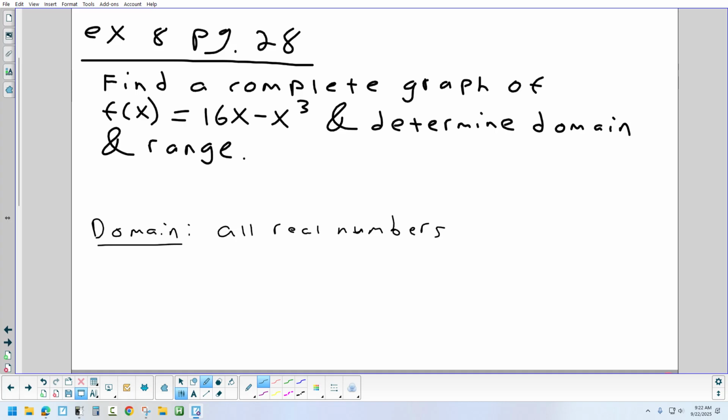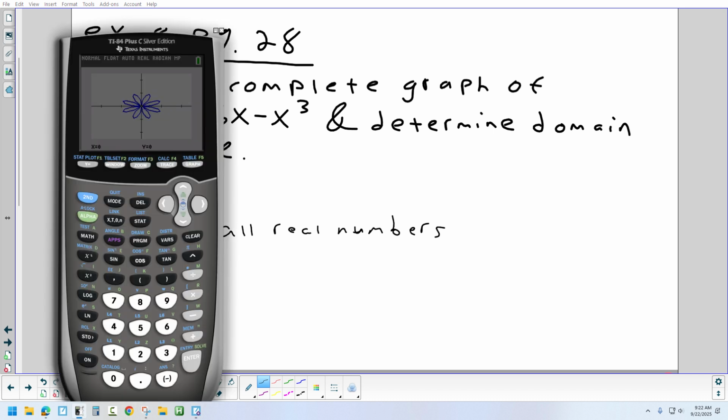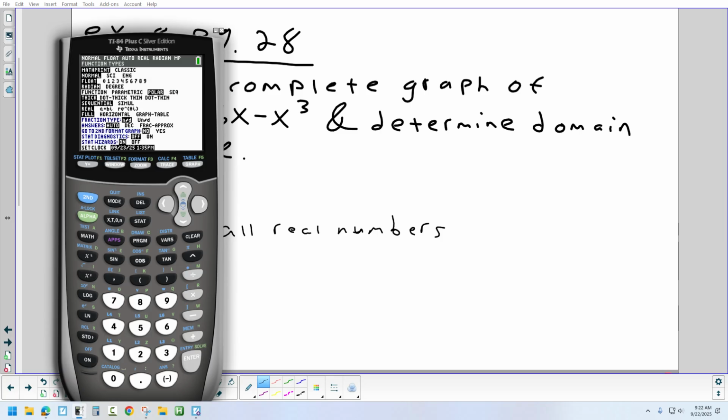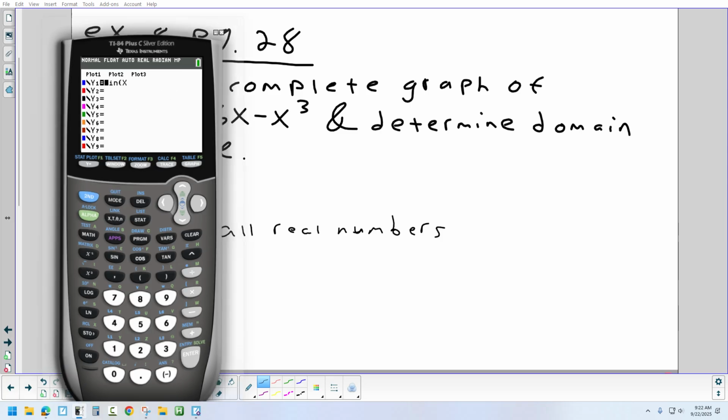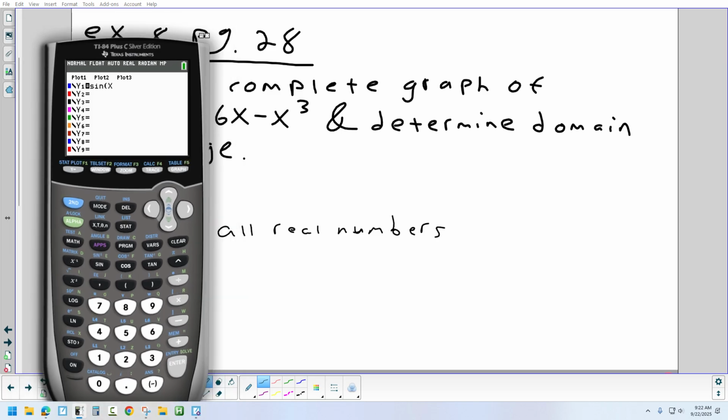Okay, range, well, that's a little bit harder, so for that, we will graph it. So we're going to type in 16x minus x cubed. The exponent button, if you aren't sure where that is, it's on the right-hand side, right above the division sign. And that'll give you an exponent.